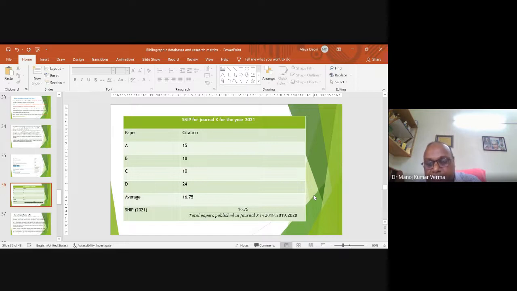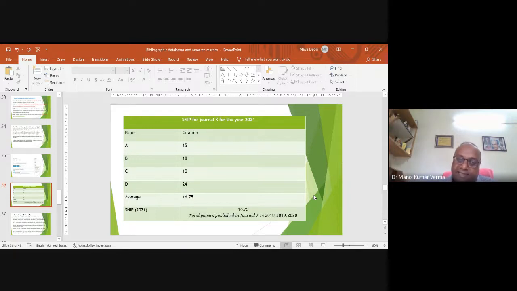X is the name, suppose, in 2018, 2019, 2020. Okay, so the average citation of the papers published in that journal. Suppose I take the example of the DESIDOC Journal of Library and Information Technology, it is bimonthly. If each issue published 8 articles, then in 6 issues, 8 into 6, that is 48 articles.